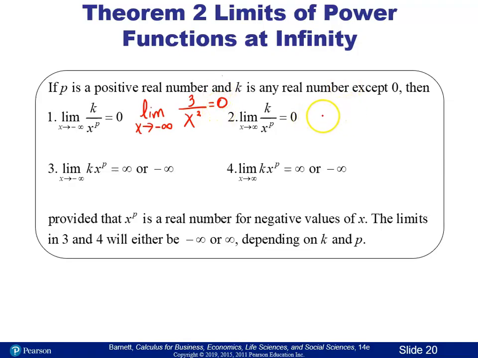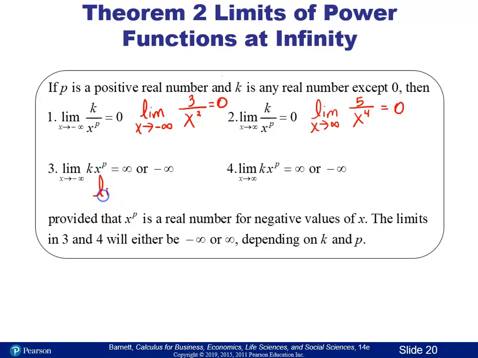Same thing over here if it's going to positive infinity. If I have like 5 over x to the 4th, then the bottom is just outgrowing the top, and so it's going to be equal to 0.